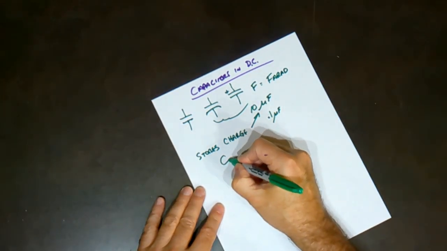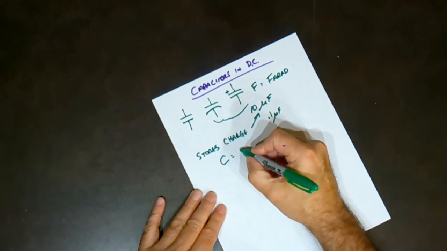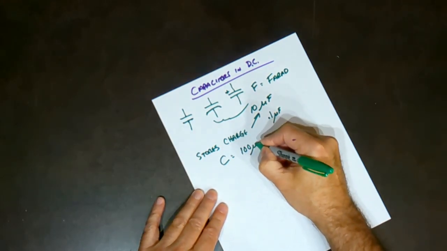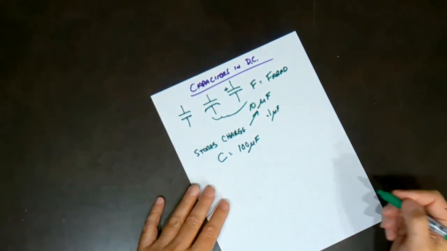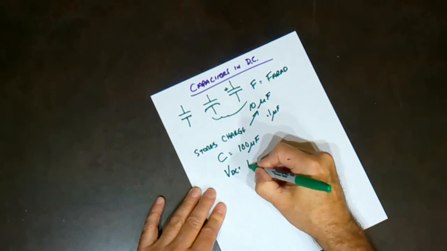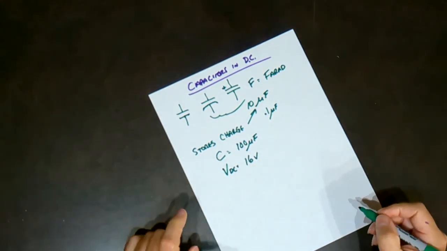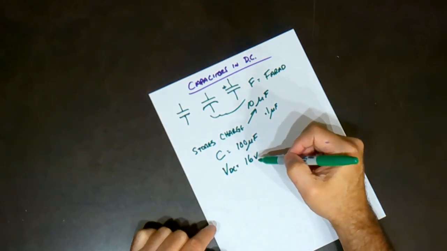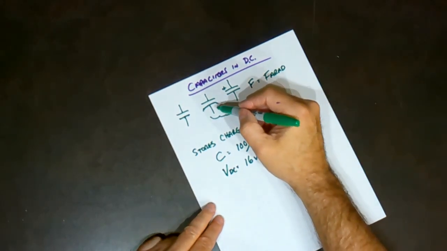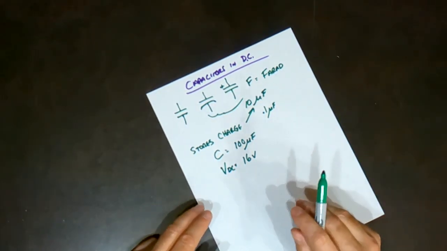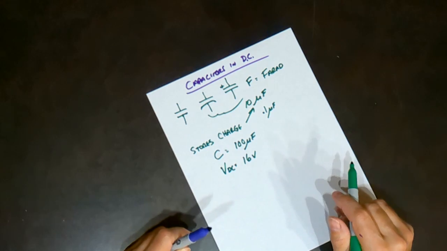So you'll see the capacitor value is equal to, again, let's say 100 microfarads. You'll also see a voltage DC rating on a capacitor of 16 volts. And what that means is that capacitor can handle a maximum amount of voltage of 16 volts, from one side to the other, so it can be charged up to a maximum of 16.